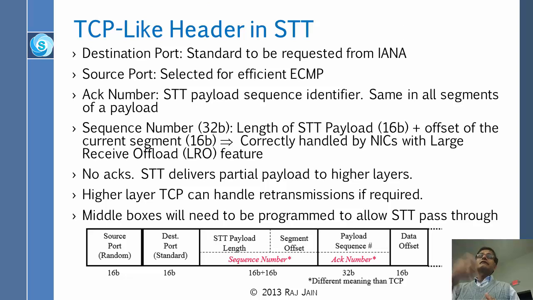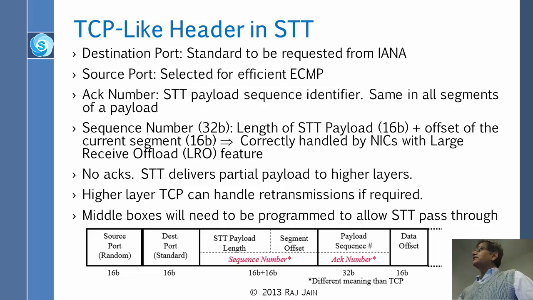And on the return side, you get an acknowledgement which says I got everything up to byte number 513, or 1024, or whatever number the last byte was. So this is the ACK number, which is a number coming from the other side, but it is not really the ACK because there is no acknowledgement. What they are doing is reusing these fields for a different purpose.